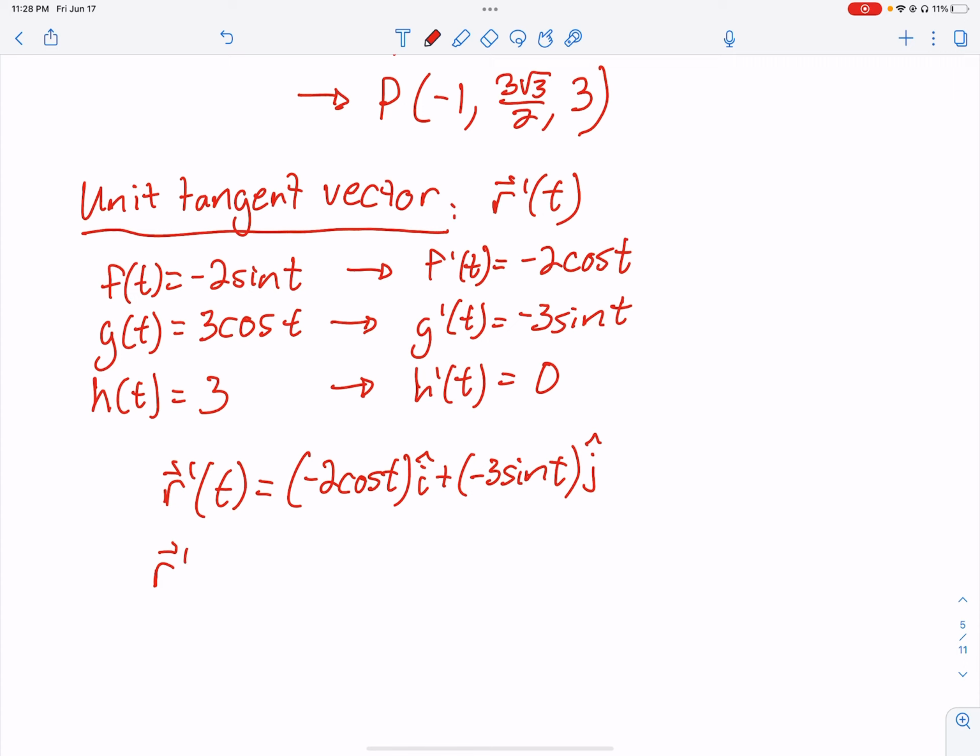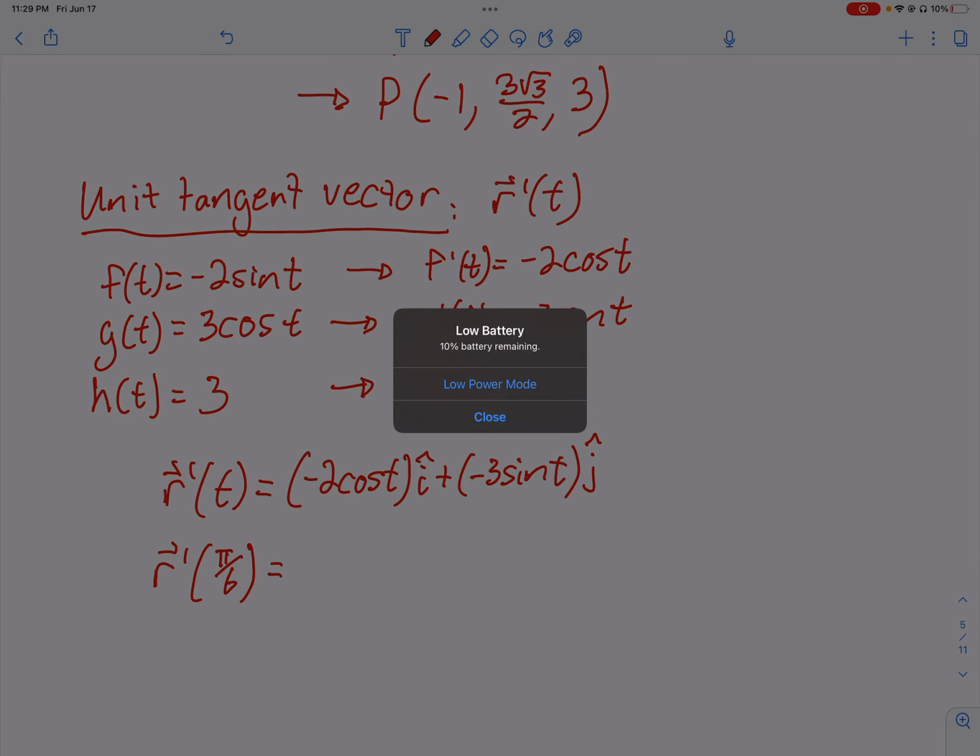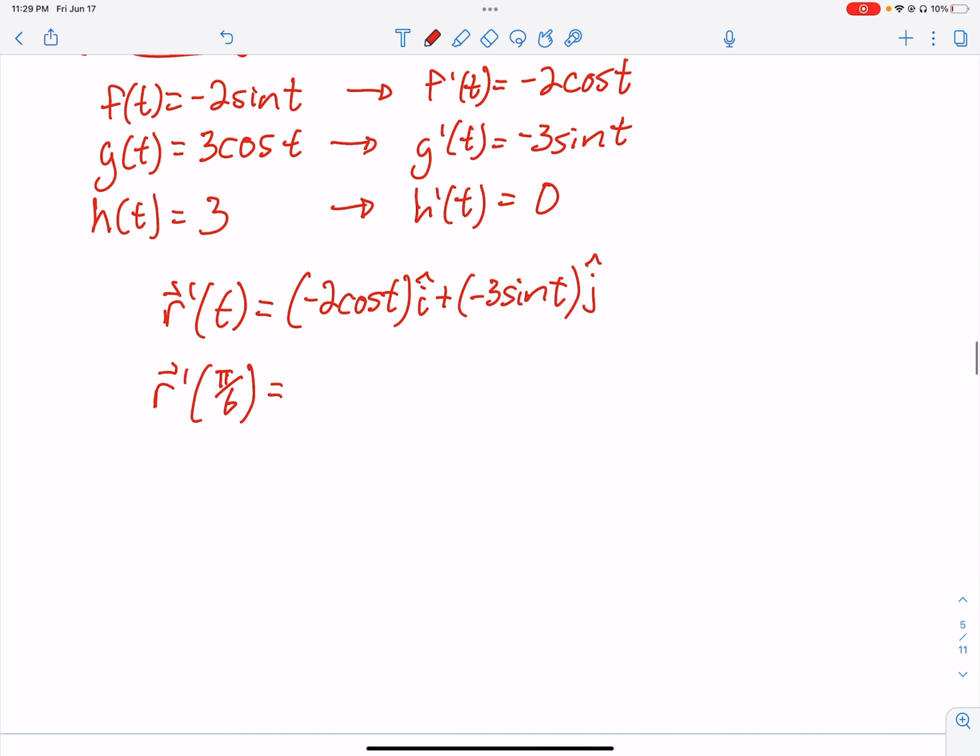So r prime of, and they wanted it at this certain value, which is pi over 6. There's no reason for me to find a magnitude yet until I actually have my vector. I could do it algebraically and have a formula for it, but I'm only going to plug one value in.